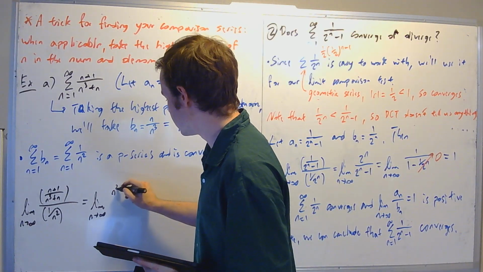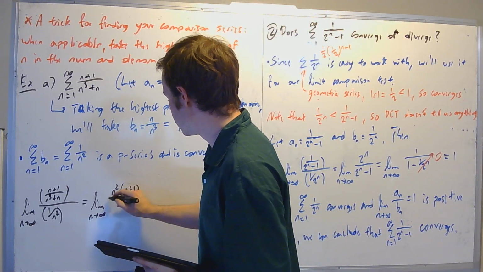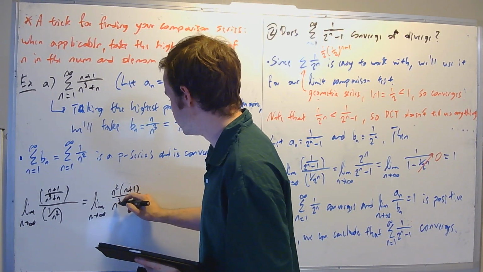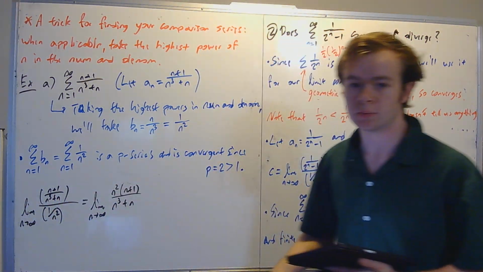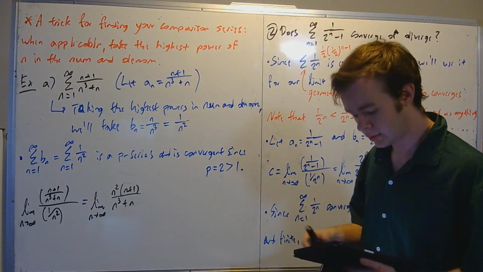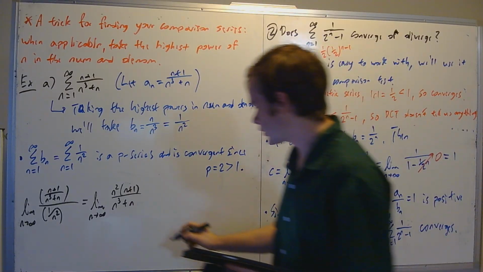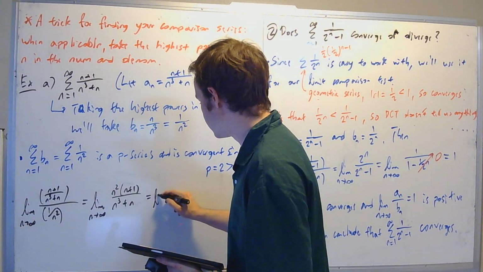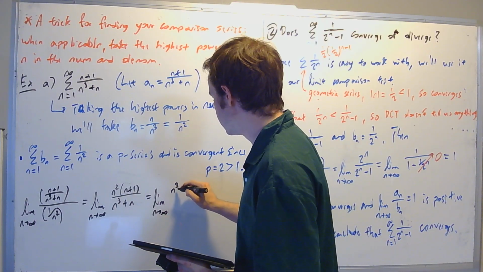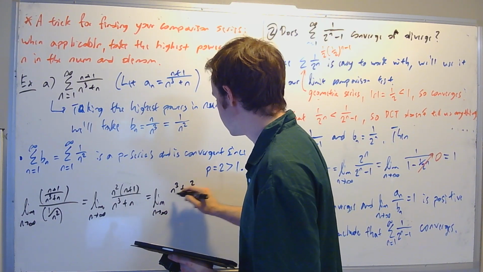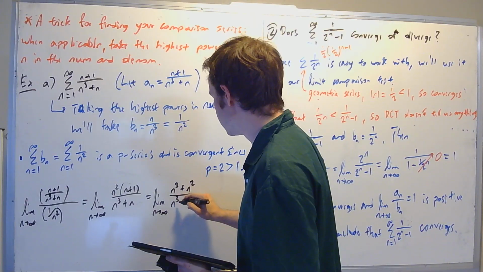So we're going to get n squared times n plus 1 over n cubed plus n, right? Because if you multiply a fraction by a number, you're actually multiplying the numerator by that number. Okay, so this is what we get. We can then distribute. So this is the limit as n goes to infinity of n cubed plus n squared over n cubed plus n.